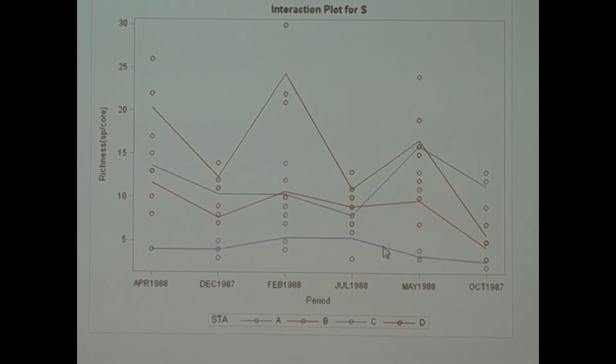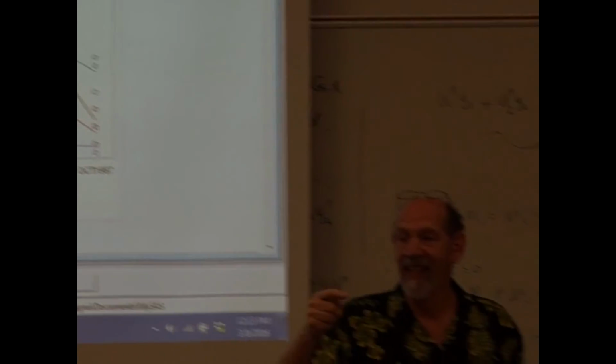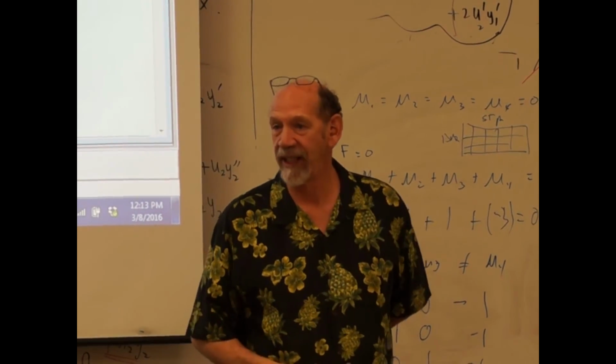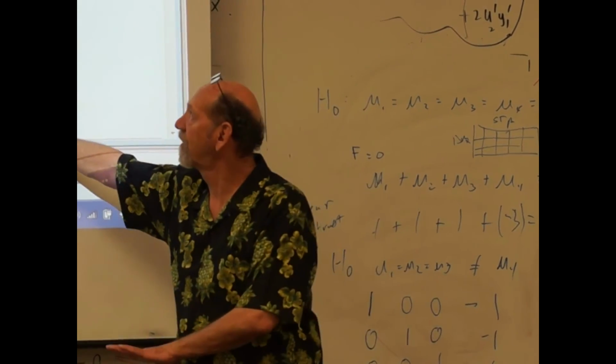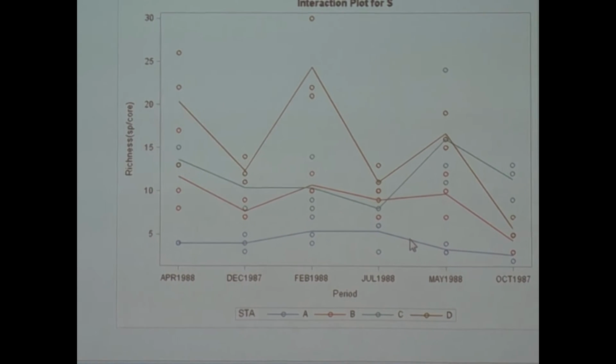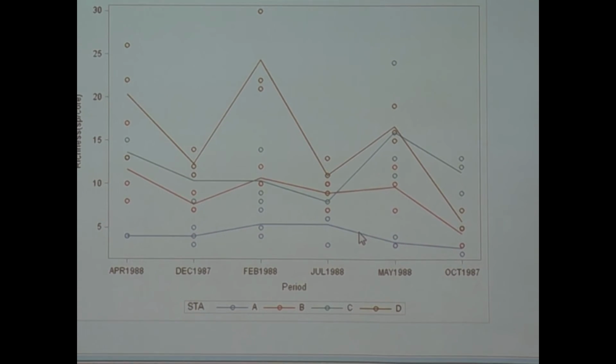It tells you that the test for station is nullified because you have significant interactions. So what do we do with significant interactions? What we do is we create a simple main effects test, then we run a linear contrast, and we get our answer that way. So we're going to do it just for S, okay? Because we know that the station is no good because the interaction term is significant.